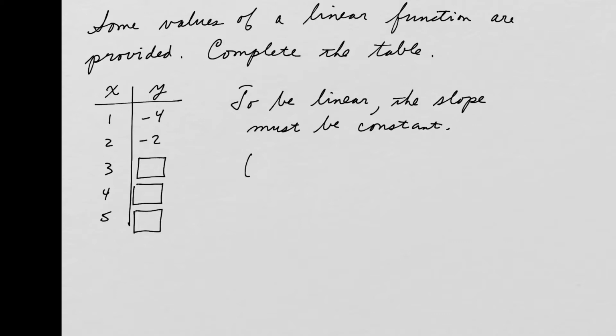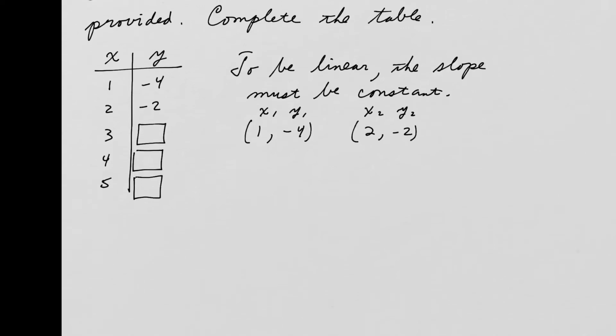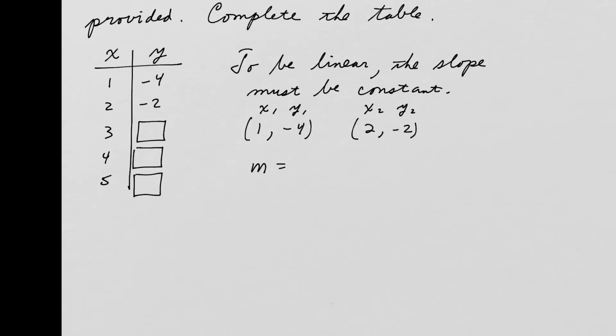If I look at the first ordered pair, which is 1, -4, think of it as my first point, so x1, y1. And the second ordered pair is 2, -2, so this is like x2, y2. I can compute the slope, right? So the slope is going to be y2 minus y1 over x2 minus x1.